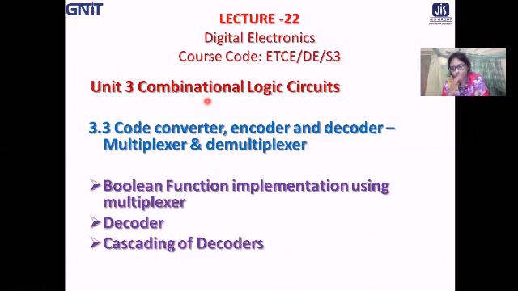In the adders, we have learnt about the half adder and full adder, and in subtractors, we have learnt about the half subtractor and the full subtractor. Next, we started in the previous lecture about the multiplexers. Now you know that multiplexers are what? Data selectors. That is, depending upon the select lines, input will be selected at the output.